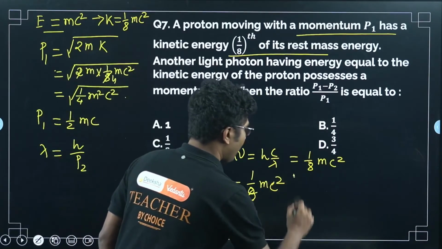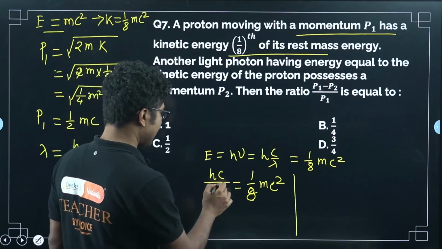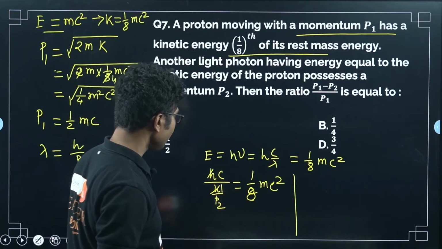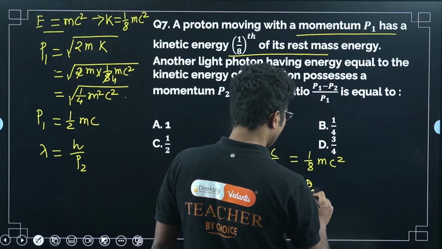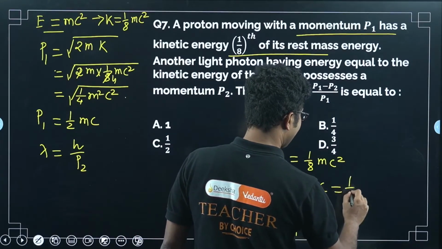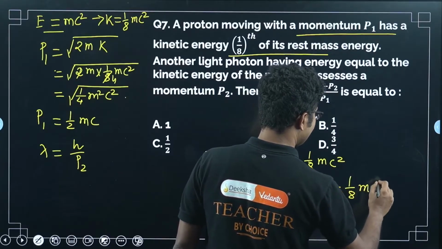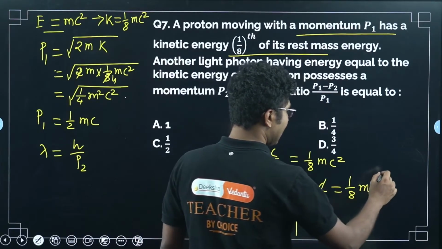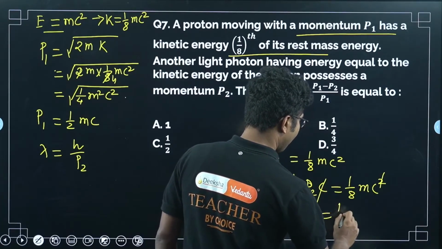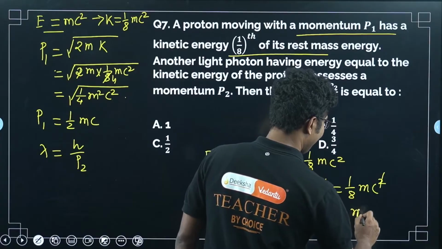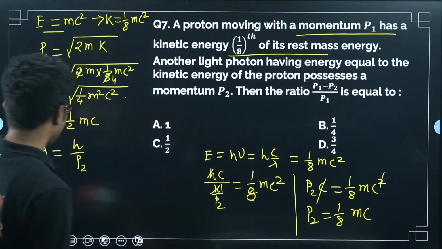Now this h will cancel and this p2 will go up. So p2c equals 1 by 8 mc square. Okay, so one c and this c will cancel. So p2 is 1 by 8 mc. Okay, so we have calculated P2.